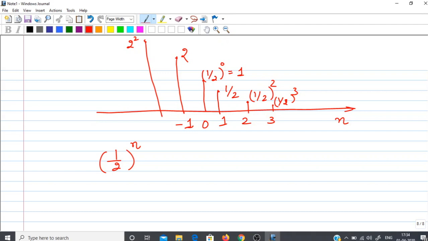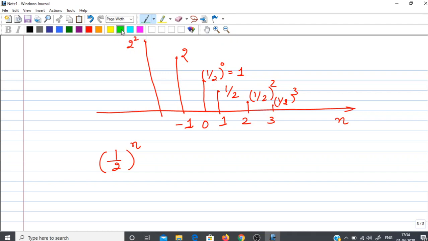It's an exponential sequence, and its value varies from infinity to 0. For n equals minus infinity, its value would be infinite, and for n equals infinity, its value would be 0.